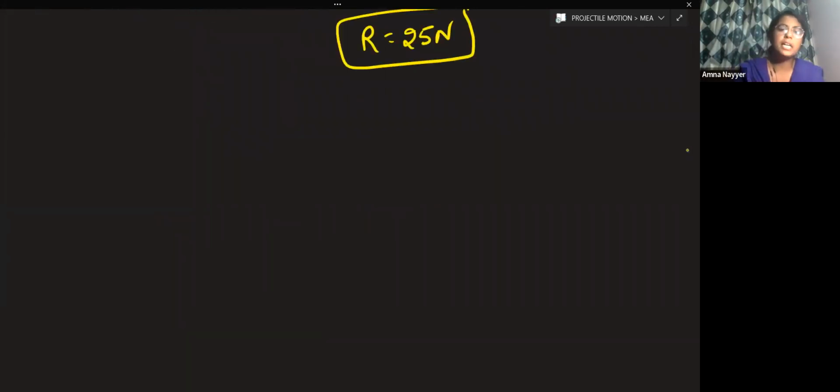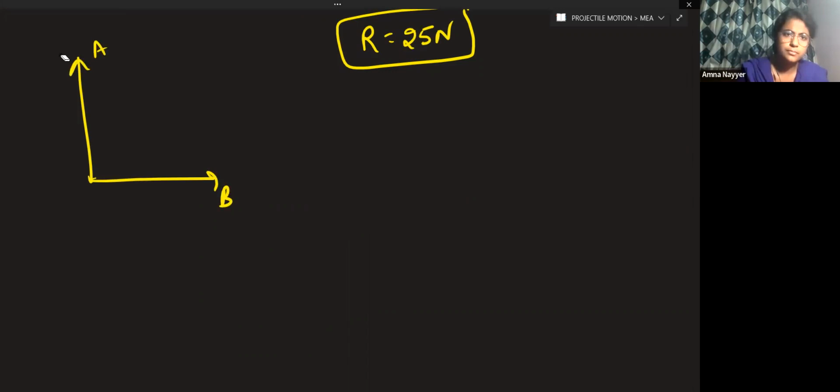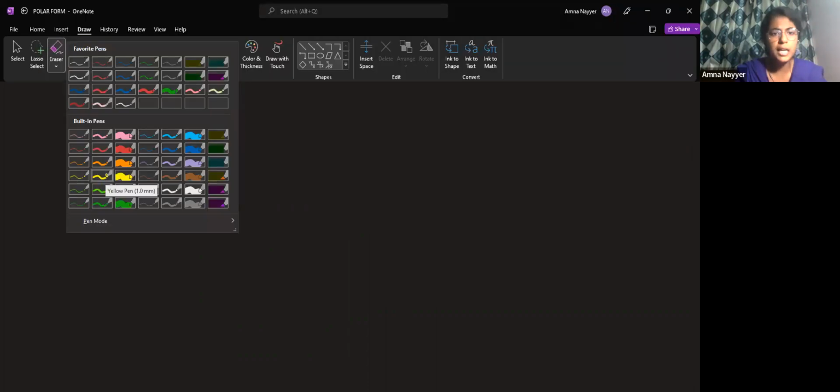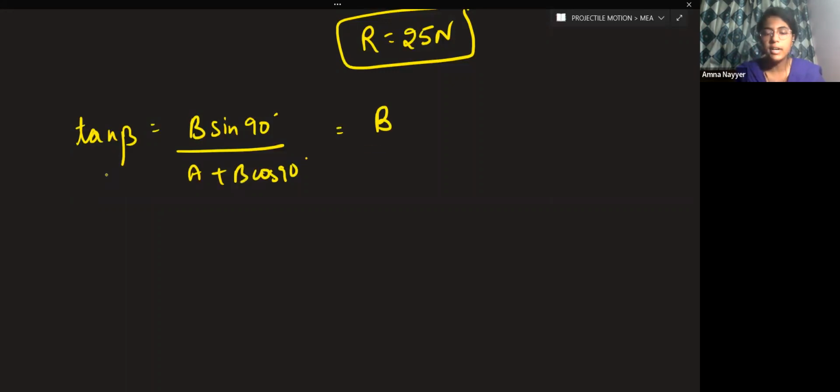Whenever two forces are making an angle of 90 degrees, say vector A and vector B, tan beta is B sine 90 degrees divided by A plus B cos 90 degrees. Sine 90 is 1, so B is left in the numerator. B cos 90 is 0, so only A is left in the denominator. This I forgot to mention when we were doing the 90 degree case.